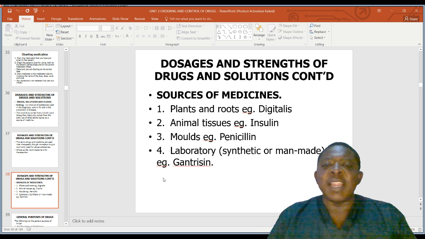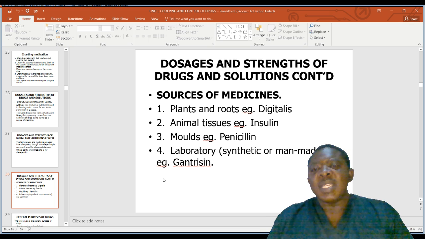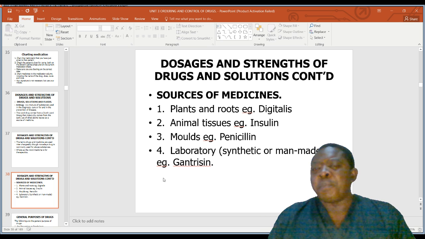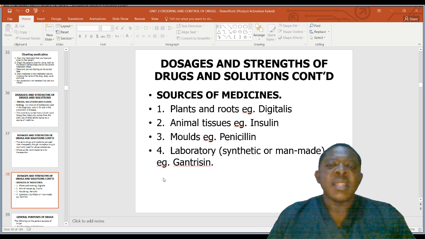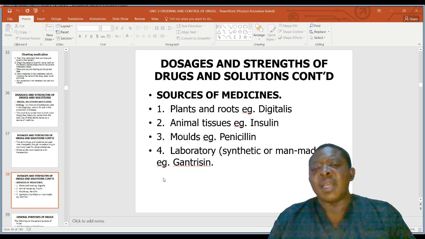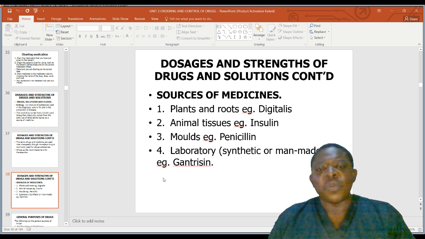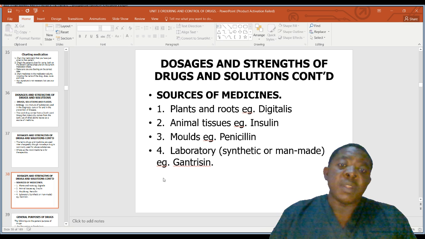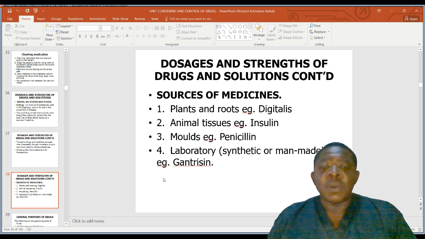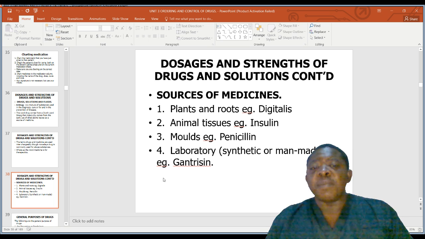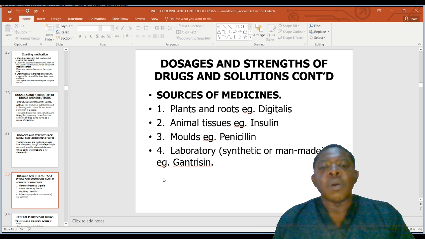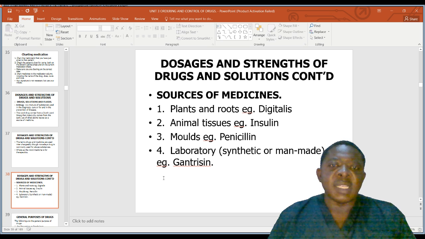Then we have animal tissues, where insulin has been derived from the spleen of pigs. Then molds: the famous antibiotic penicillin comes from molds. Then number four, laboratory, where you're looking at synthetic or man-made drugs.